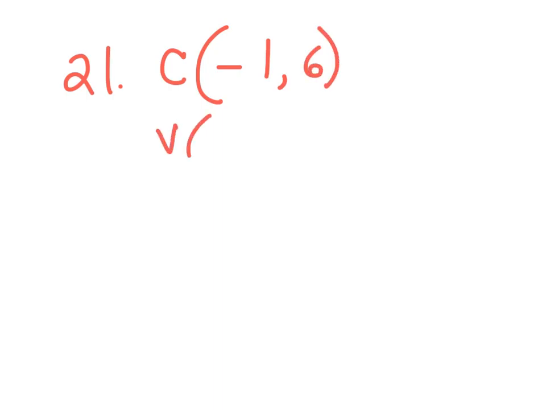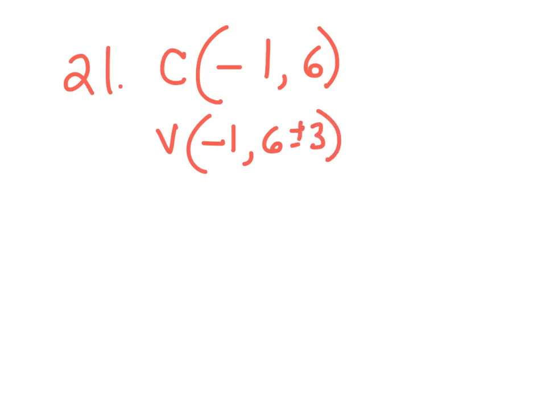The vertices, you need to know what is A. Which of the two is the A? The 9. That's A squared, right? So that would be 3. So you're going to add 3 to the 6. So it's going to be (-1, 6 plus minus 3).